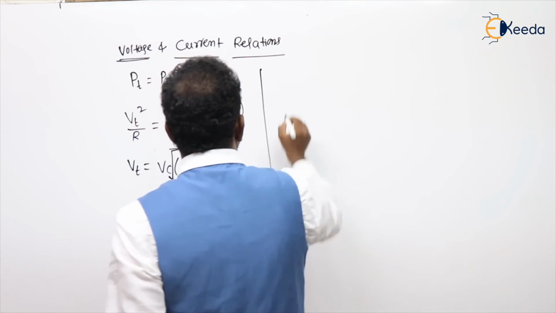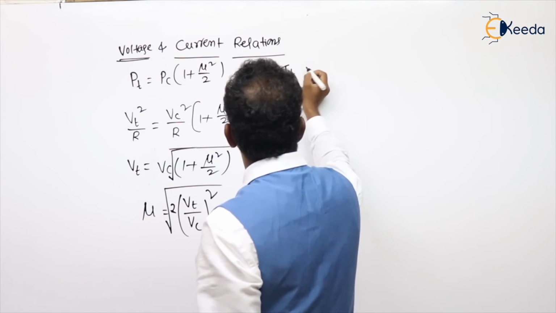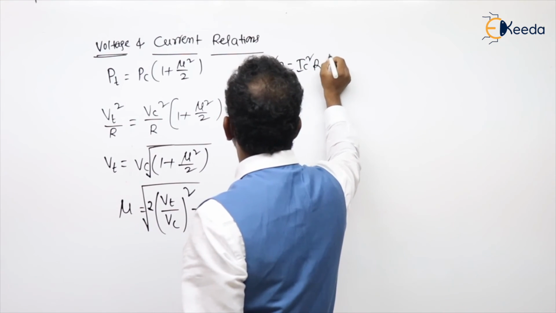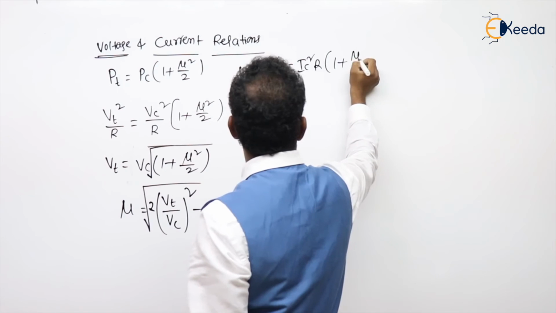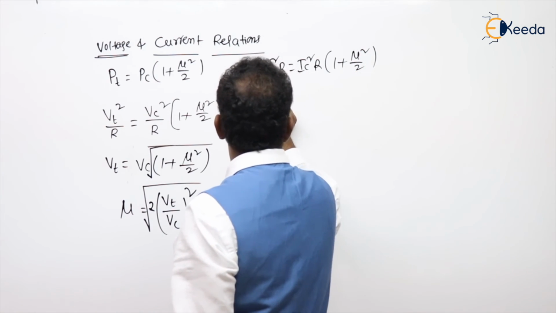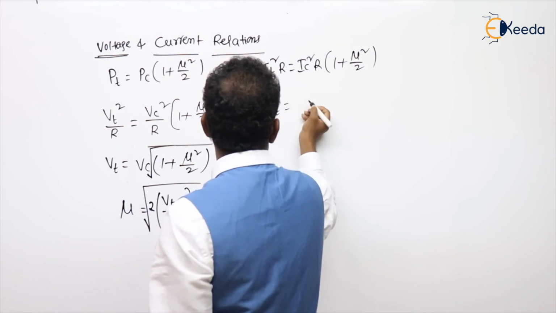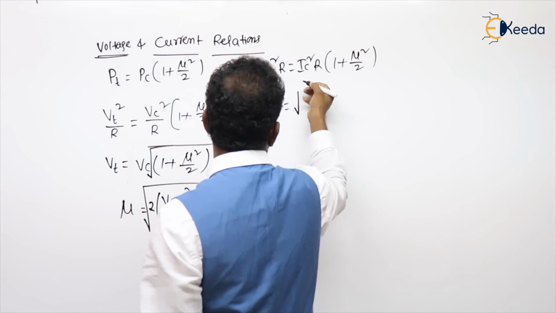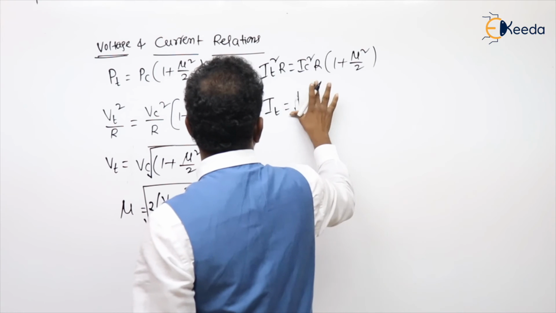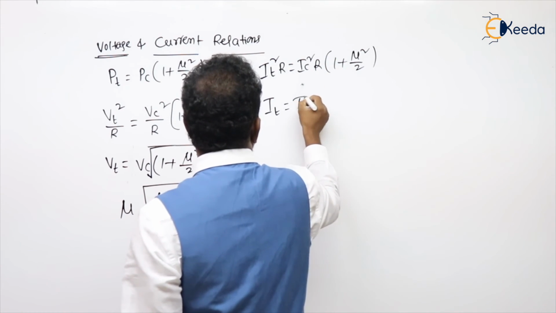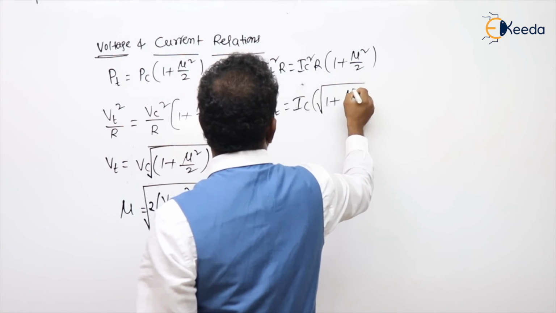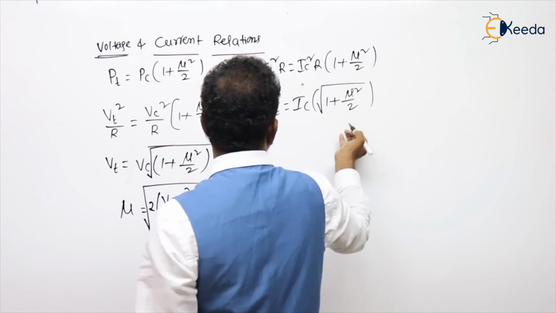In a similar manner, I can also write the power relation: It square R equal to Ic square R into 1 plus mu square by 2. Then what is It equal to? Ic square into R cancelled, so it will be Ic into the root of 1 plus mu square by 2.